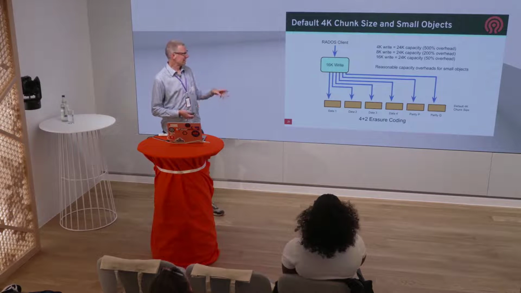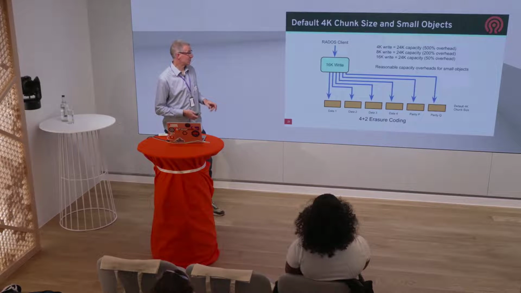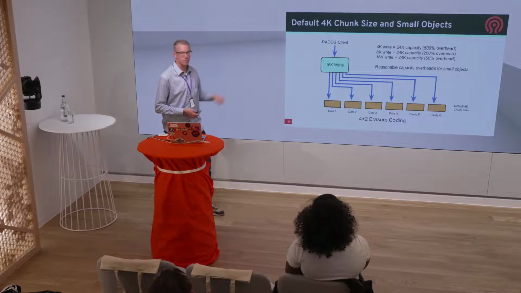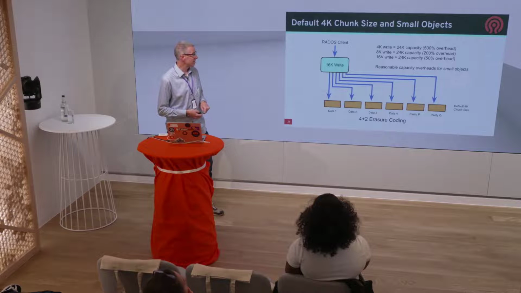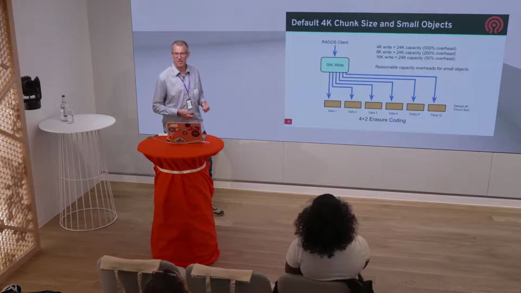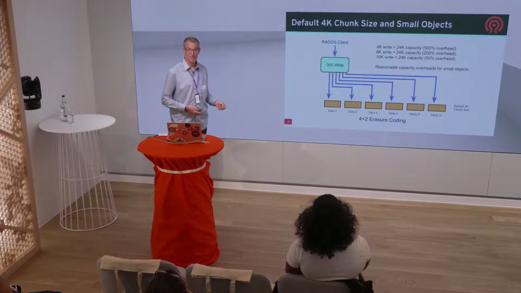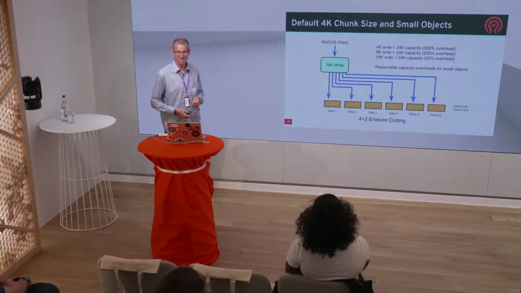And so that says if you create small-sized objects, let's say I just created a 4K object, then that would actually consume 24K of capacity on a 4+2 Erasure coding. That's a 500% overhead. If I had a 10+2 Erasure coding, then the overheads are going to be even worse.